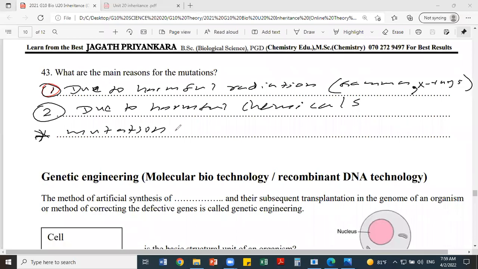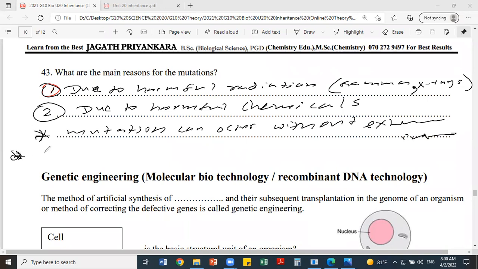That's by nature itself. Mutation can occur by nature itself, without any external influence.